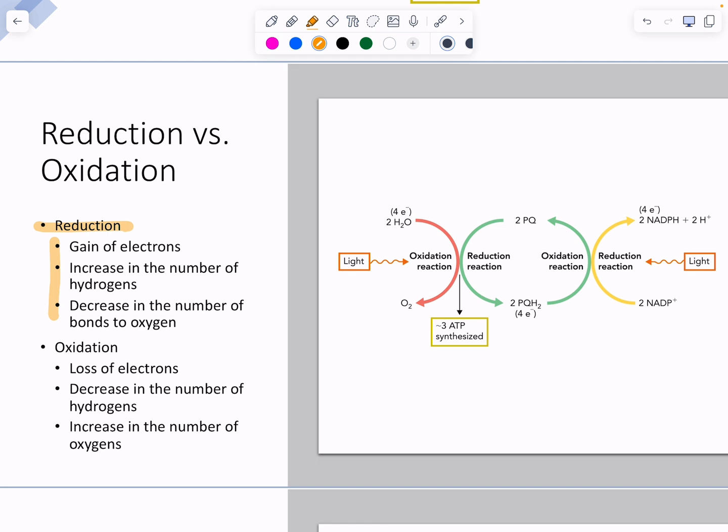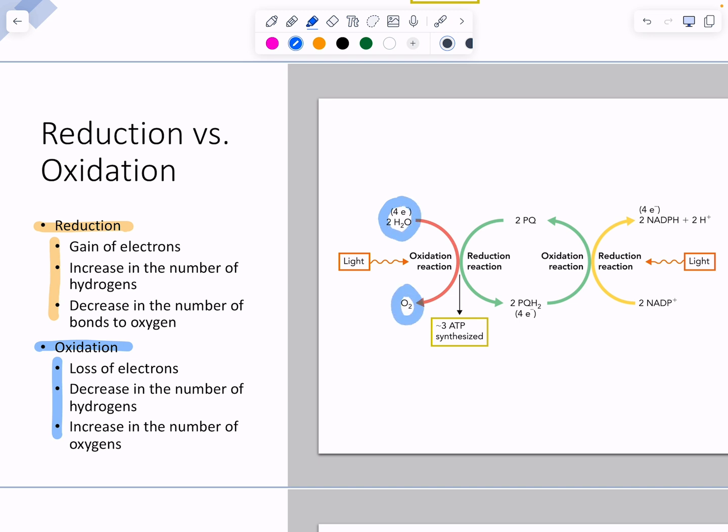And then oxidation is just kind of the inverse of that, right? We get the loss of electrons, a decrease in the number of hydrogens, or an increase in the number of oxygens, okay? So, if you look at this example here, we have water that is becoming O2.